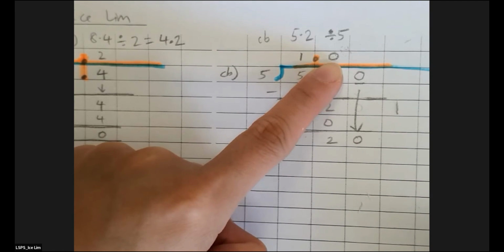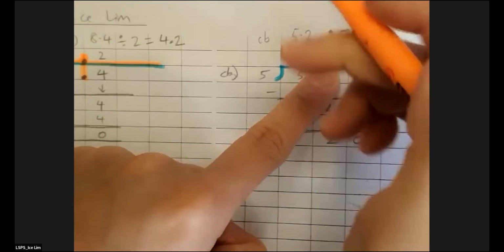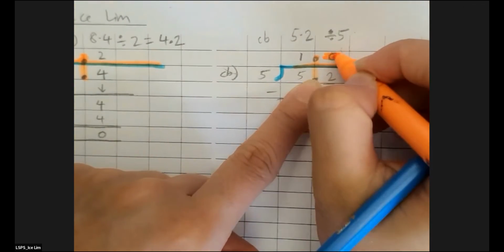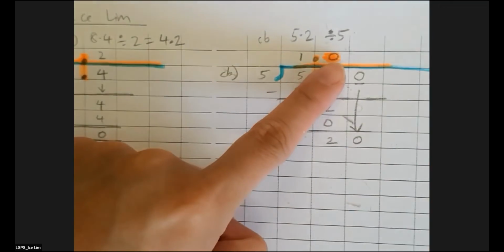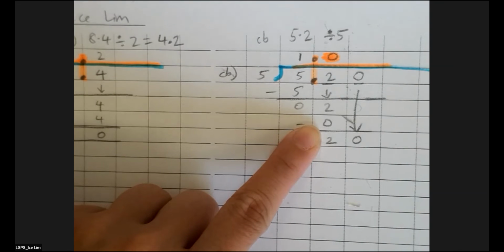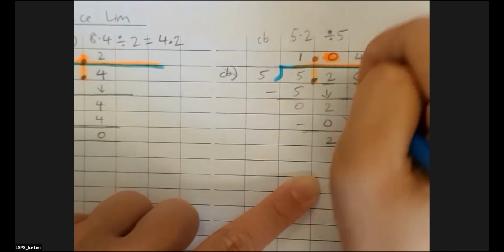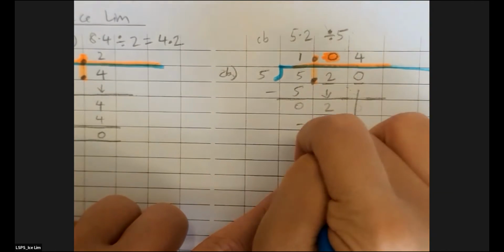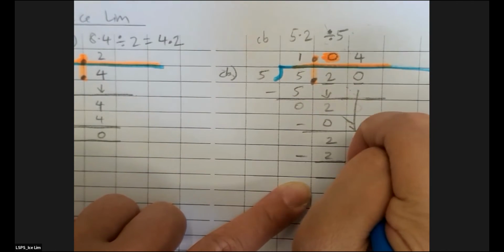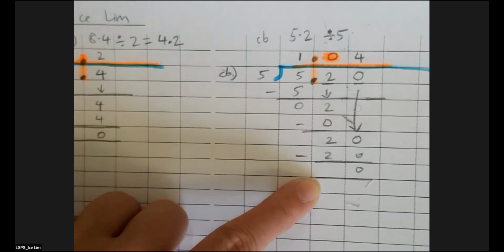But I couldn't do division at this place, so at the tens place is a 0 because there's no division happening. Then I carry on. Now I can continue. Is this okay?